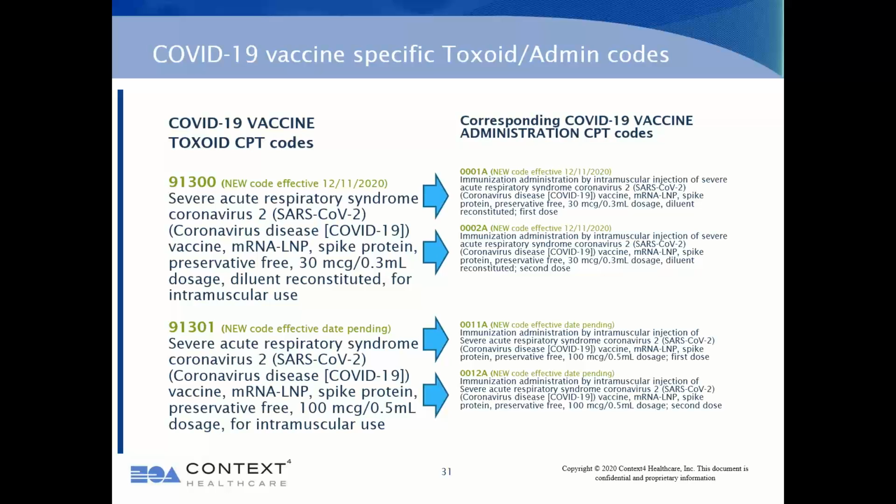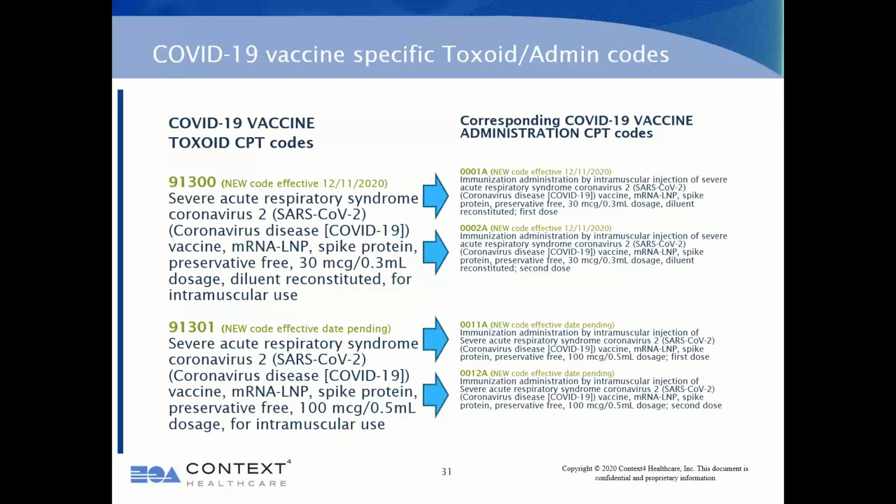And to report the administration of either the first or the second dose, report 0001A, 0002A, 0011A, or 0012A. The admin codes are specific to the toxoid administered and also specific to the dose that was given to the patient. These A codes include any counseling provided to the patient related to the vaccine.